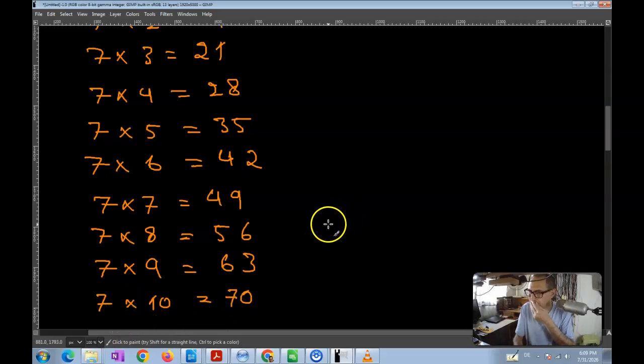Now, there is something also like the relationship that we found basically between different multiplication tables.